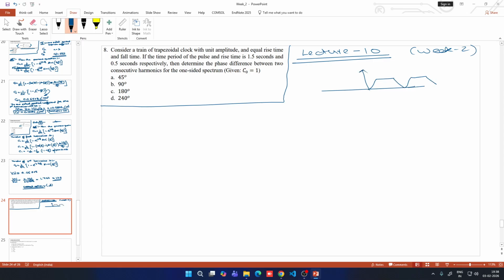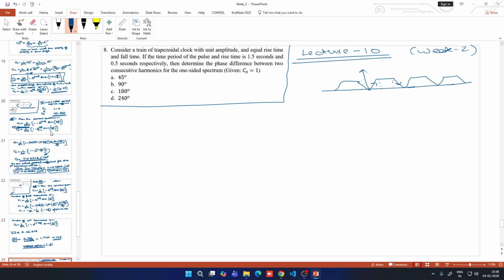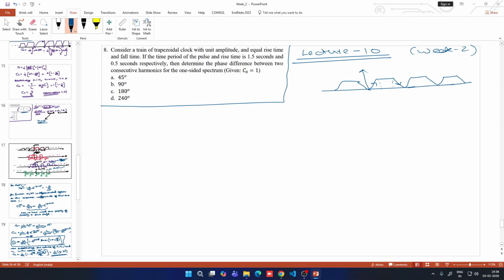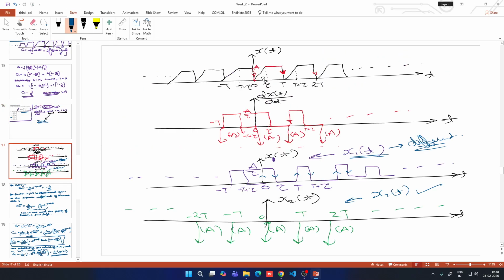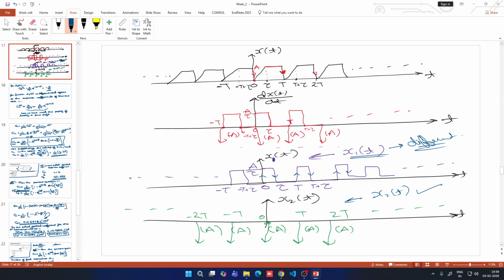So this pulse looks something like this, a trapezoidal pulse, because the rise time and fall time are the same here. But the trapezoidal pulse that we used in questions 4 to 7 looked something like this, because there the rise time and fall time were not the same.